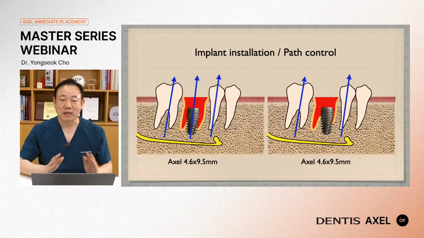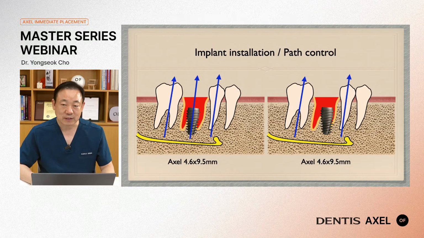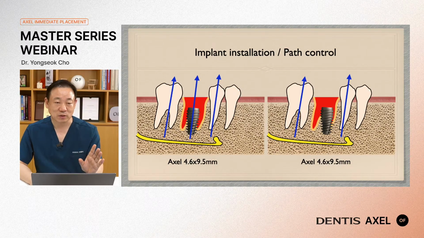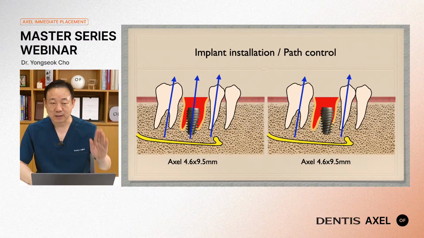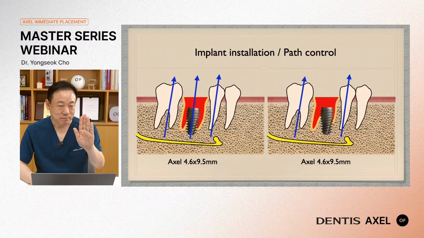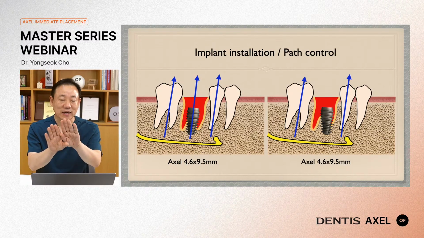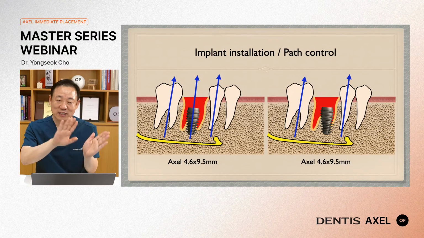But sometimes we cannot put the implant at the exact center of the extraction socket. In that situation, position the implant between septal bone and the medial root and get stability. Then minor path change is necessary to aim the hole at center. That means you must tilt slightly distally. Actually, this is not distal tilting.